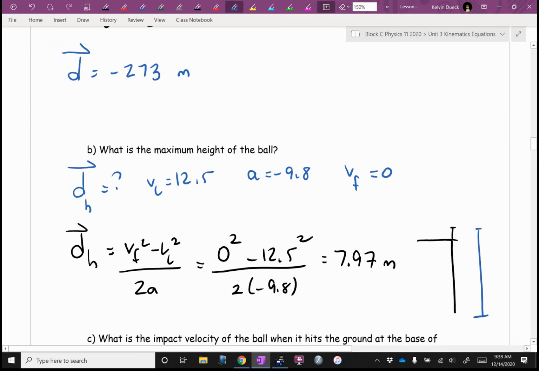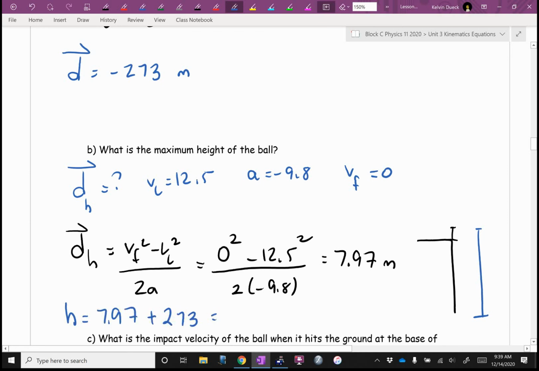If you want to know how high I am, now part of the problem is I keep saying height. Height, not displacement, is technically a scalar. We would never say a cliff is negative 273 meters high. We would say the cliff is 273 meters high. So if you want me to find the height, that's going to be 7.97 plus 273.